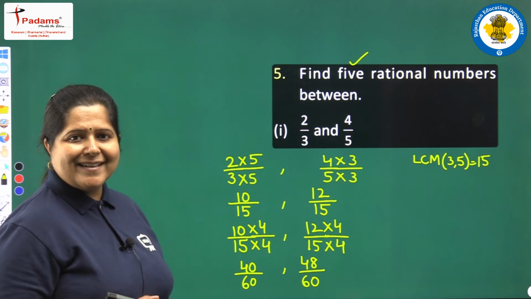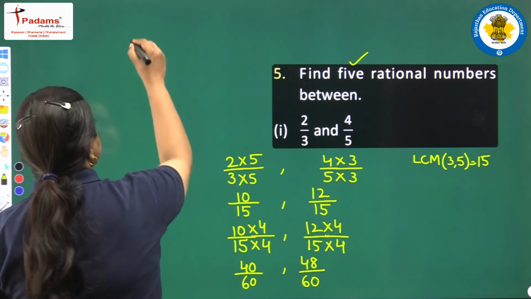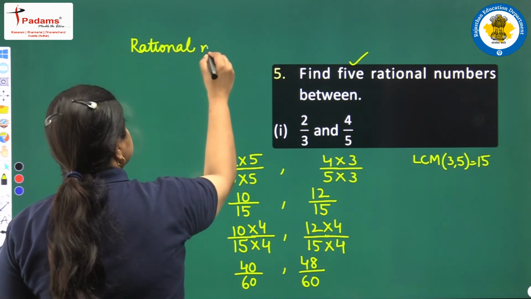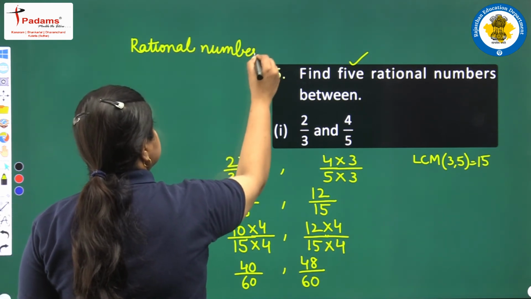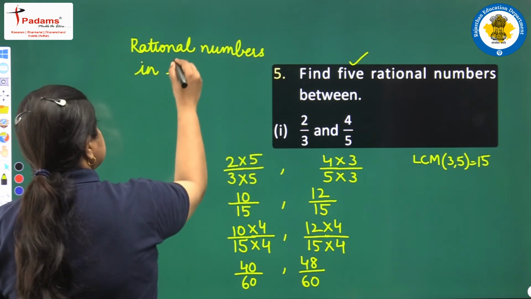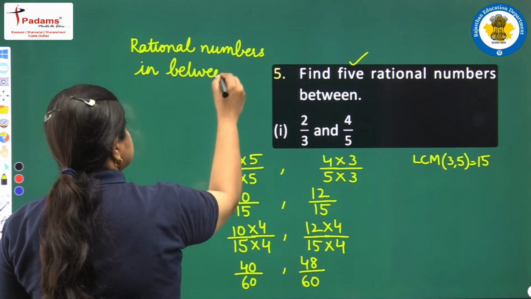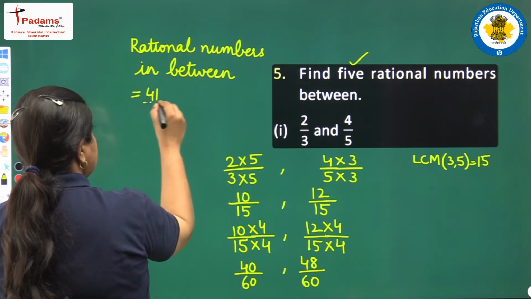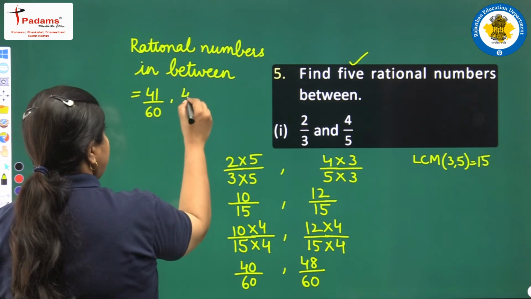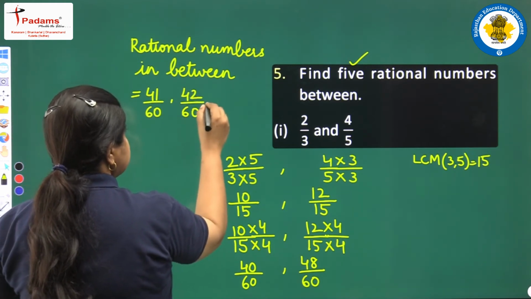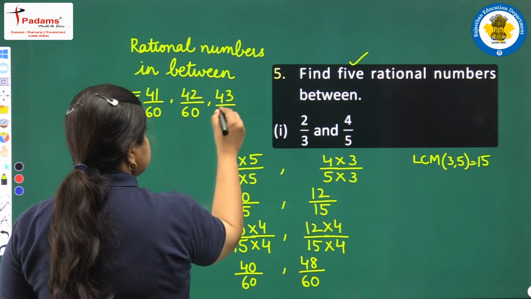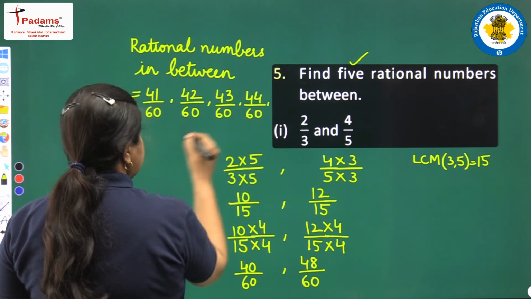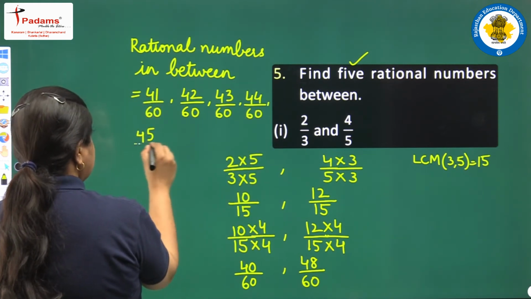Now we have rational numbers in between. Let us write them. Rational numbers in between, they will be start from 41 upon 60, then 42 upon 60, then 43 upon 60, 44 upon 60 and 45 upon 60.